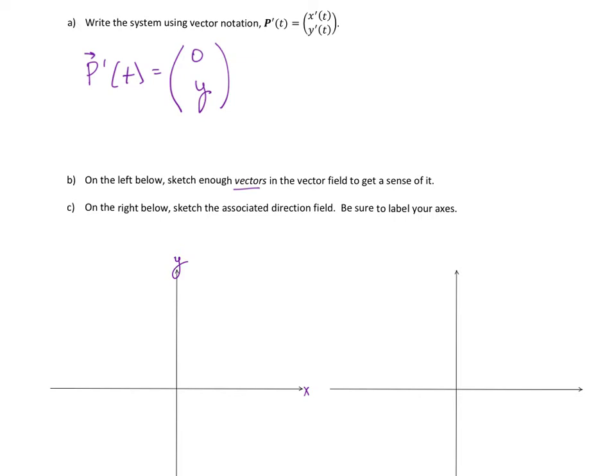At each point, we're going to draw a vector in the 0, y direction. So at 0, 0, we have no vector. Then we just pick some xy points, so maybe 1, 0.